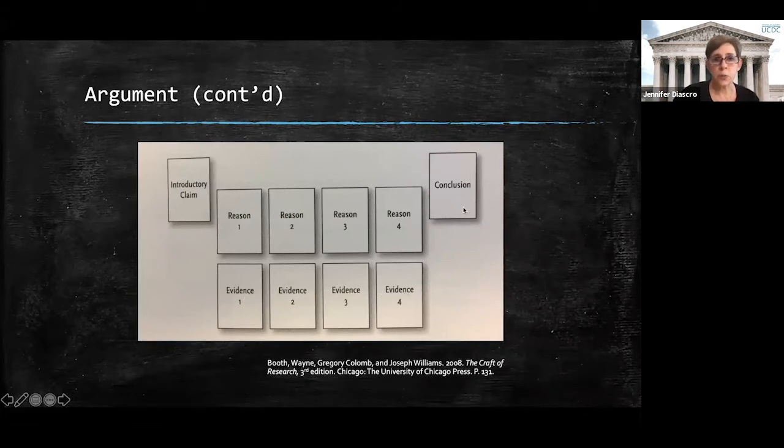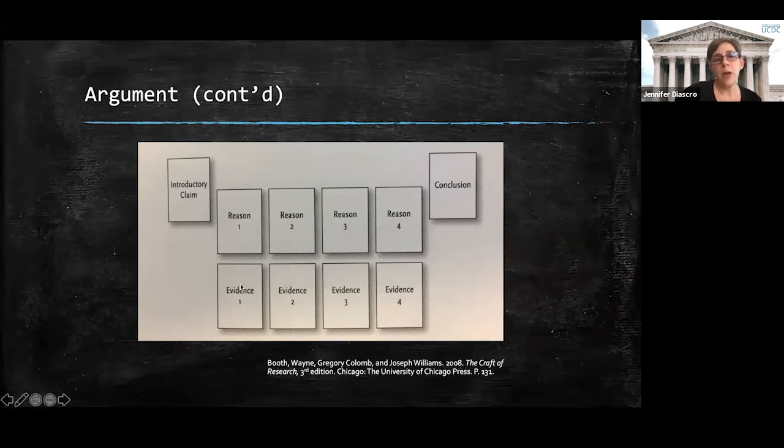This is oversimplified for sure, but when I'm in the middle of that red circular blob of writing and you have all this information and you're trying to figure out how to put it all together, thinking simply and bringing things to their fundamentals can really help you sort through your ideas. So you might have a thesis and you might say, I have 3 reasons for thinking that this is in fact true, and they are 1, 2, and 3.